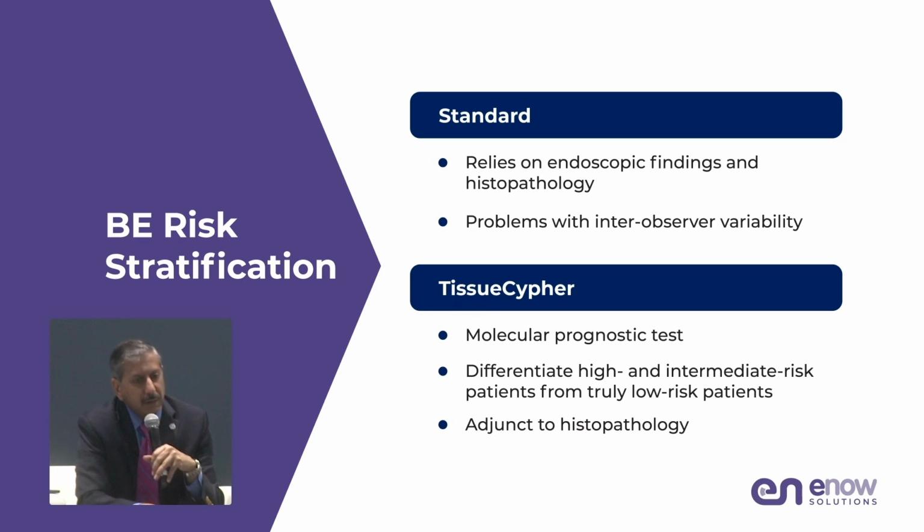With molecular prognostication using a proprietary set of molecular markers, the idea is to differentiate the truly high-risk individuals, and some might say even the high and intermediate risk combined, versus the truly low-risk individuals, and add that information to the existing paradigms in play today based on our current guidelines and practice. So not necessarily a replacement for histopathology, but an adjunct.